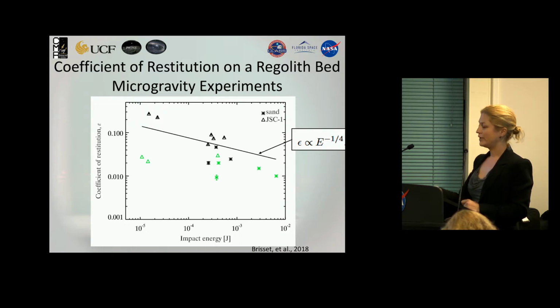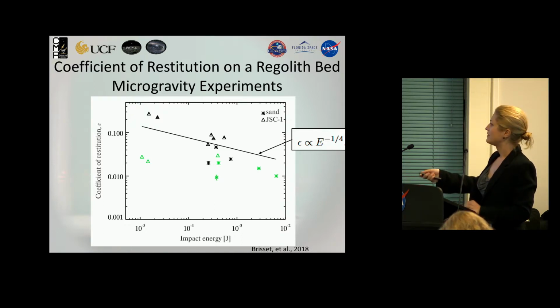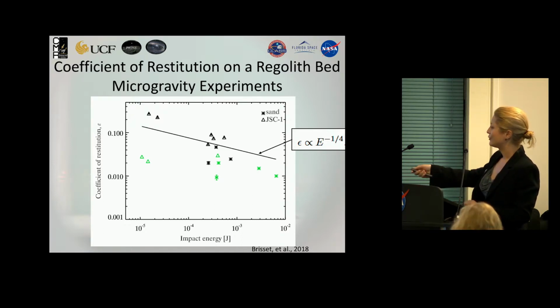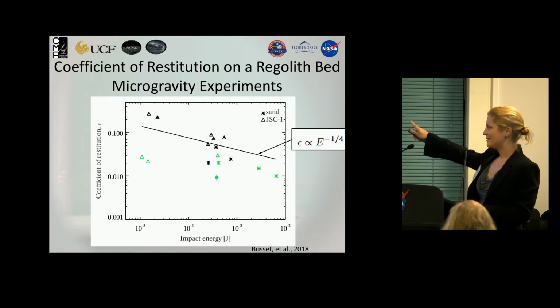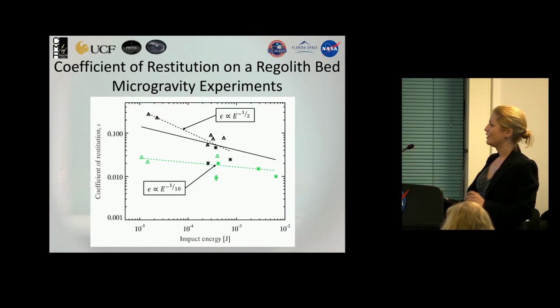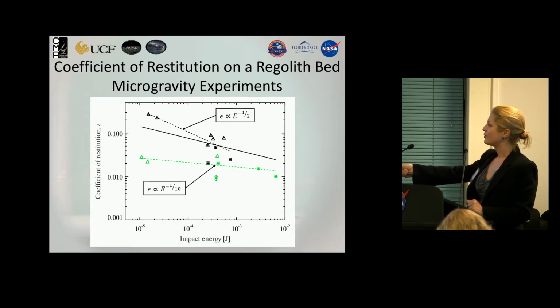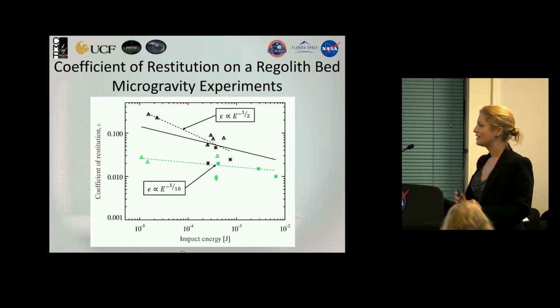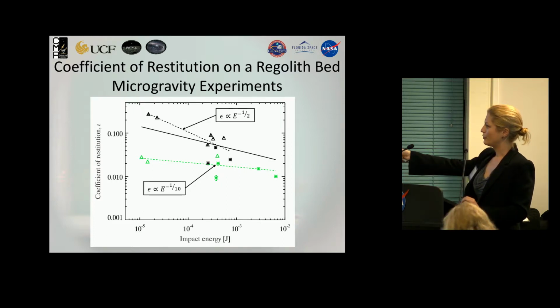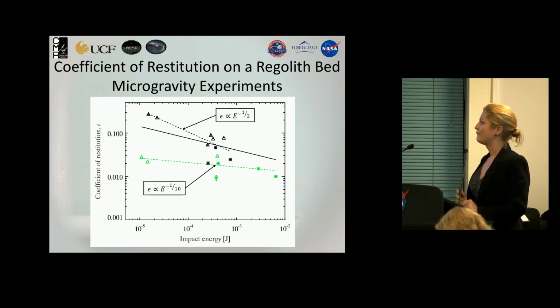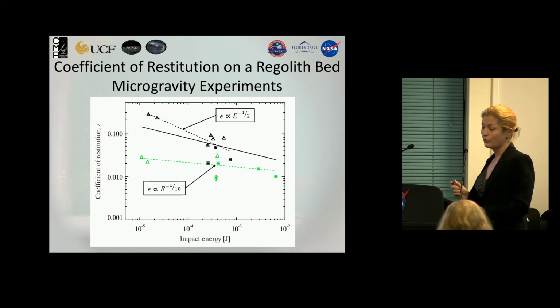So here's the same plot with our data. Actually, if we take all the points together, we see the same kind of scaling, but instead we see two families of data points. In the COLLIDE data, we didn't really see any influence of the impact energy on the coefficient of restitution, but for the Prime ones, we saw double the slope.